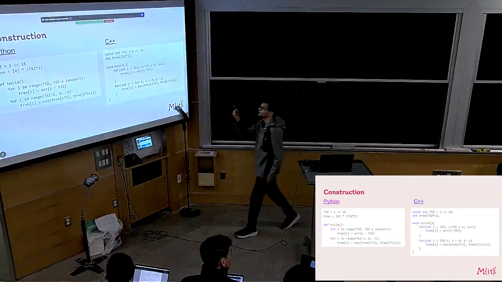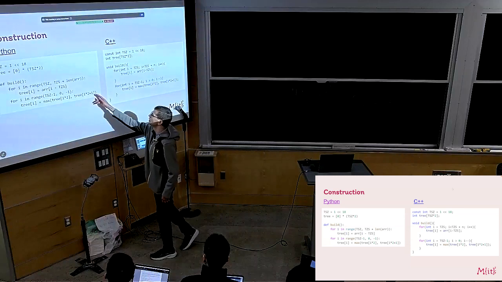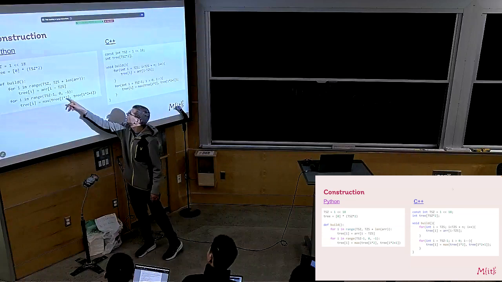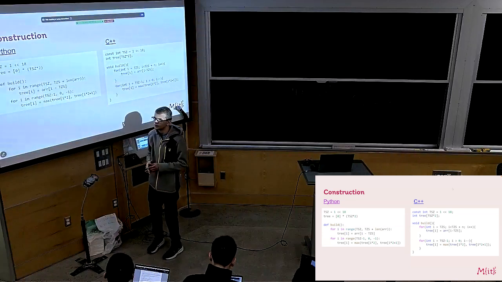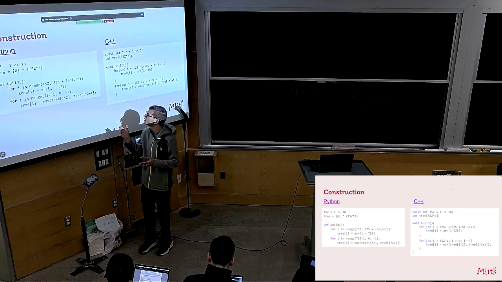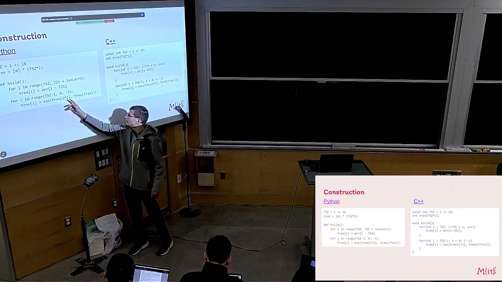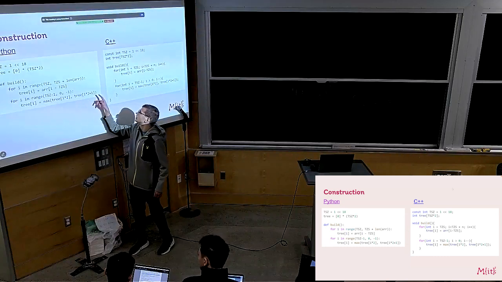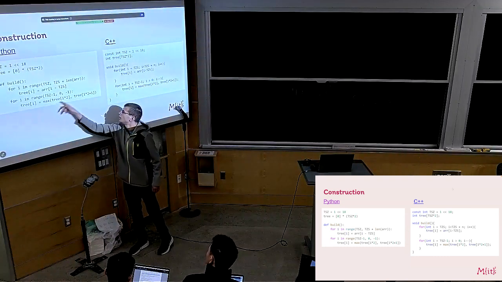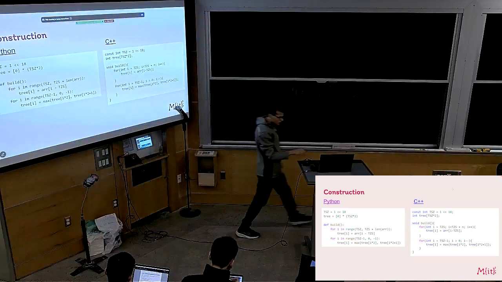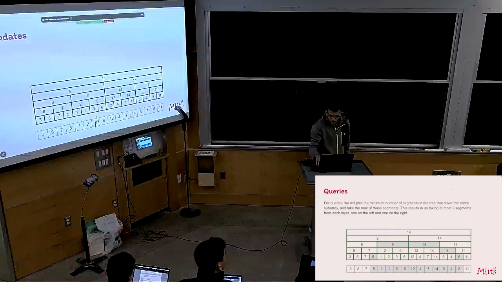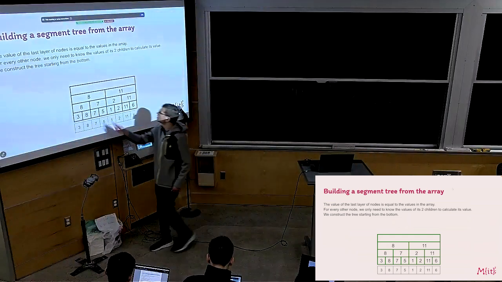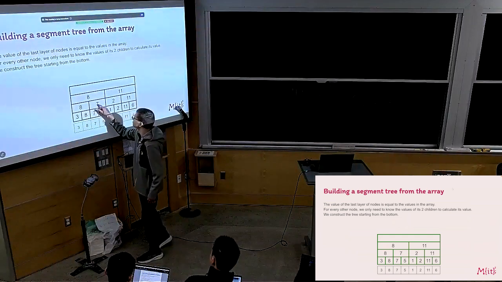After that, I iterate through all of the remaining indices, and I calculate them based on the values of their 2 children. As I said, I times 2 is defined to be the left child of each index I, and I times 2 plus 1 is the right child. So this line of code basically does the operation I showed earlier, where, for example, you set the 8 to be the max of its 2 children.